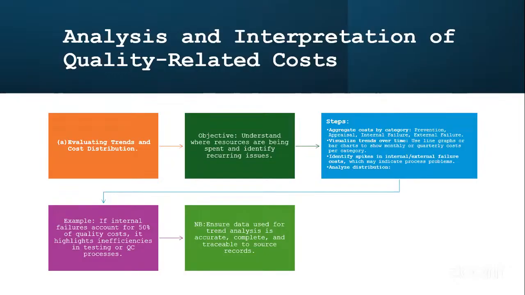Okay. So the objective is to understand where resources are being spent and identifying recurring issues. And these are the steps: aggregate costs by category. And when I talk of category, this discussion is preventive cost, appraisal cost, internal failure, and external failures. Visualize trends over time.